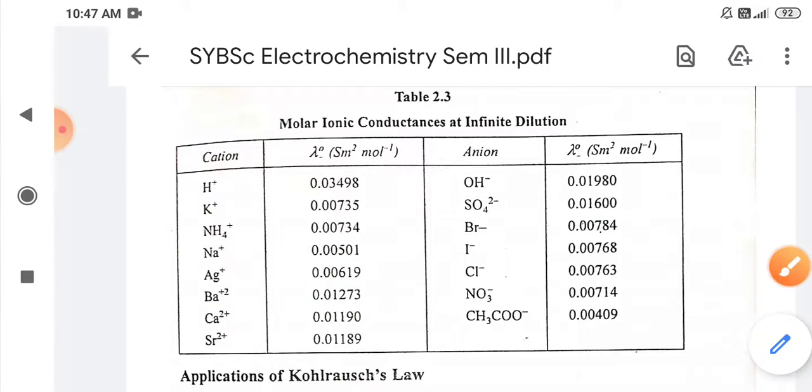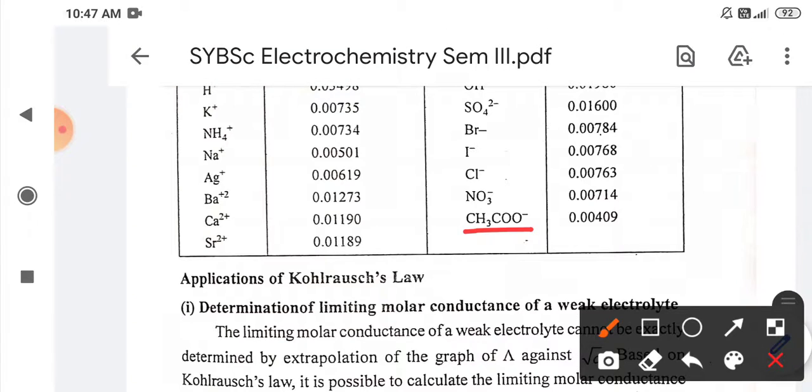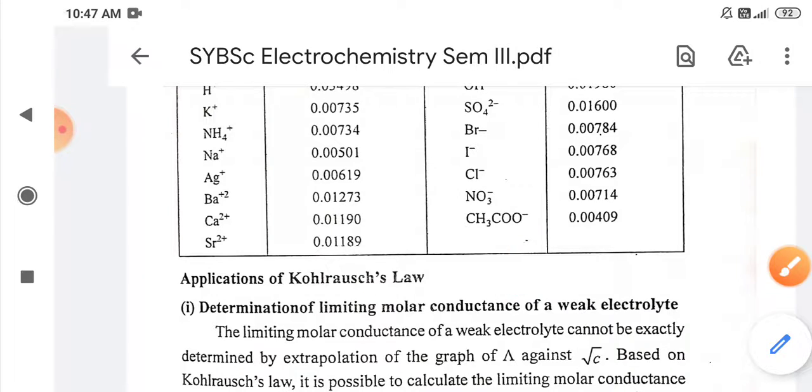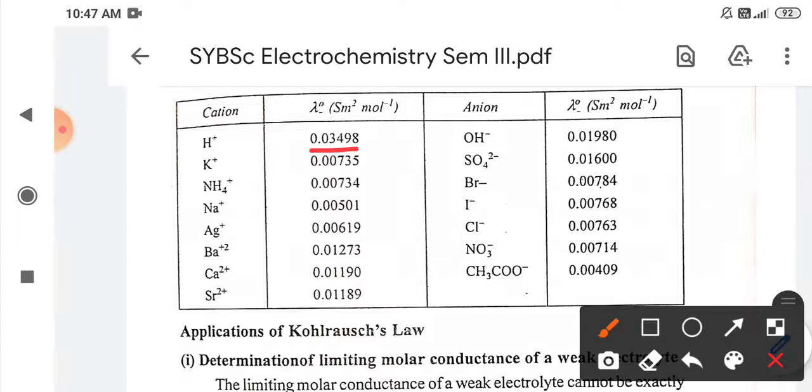We have to obtain the value for the acetate ion. We can simply take sodium acetate as a salt and measure its molar conductance at infinite dilution, and for the acetate ion we will get a certain value. For the H plus ion also we have certain values. If you add these two values, for the acetate ion and the H plus ion, you will get the molar conductance at infinite dilution for acetic acid.